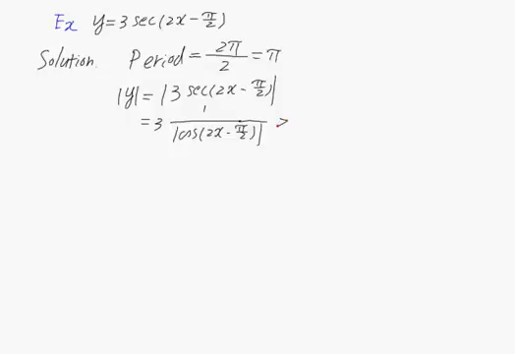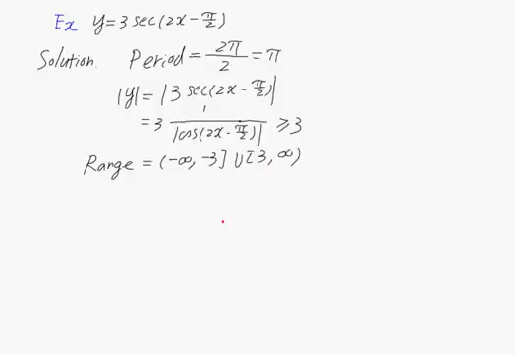So this is greater than or equal to 3. So the range for this given function is the union of the intervals from negative infinity to negative 3, union the interval from 3 to positive infinity.